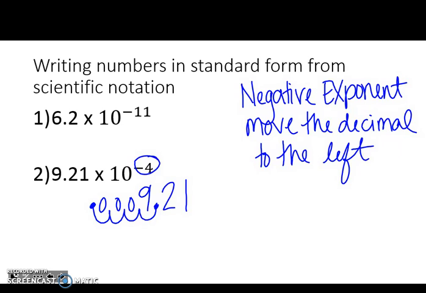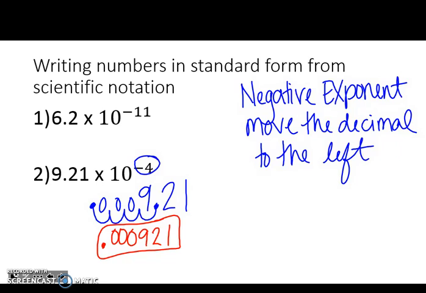And then I have to rewrite it. So remember, the decimal's in the front. I have 3 zeros, 1, 2, 3, and then 9, 2, 1. So 9.21 times 10 to the negative 4th is 0.000921 written in standard form.